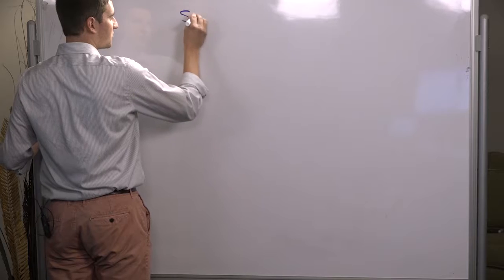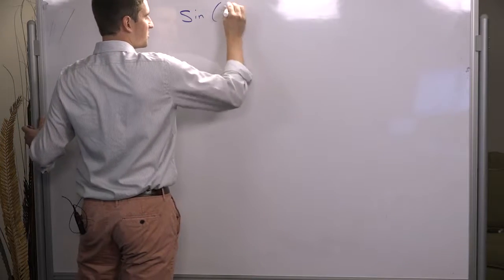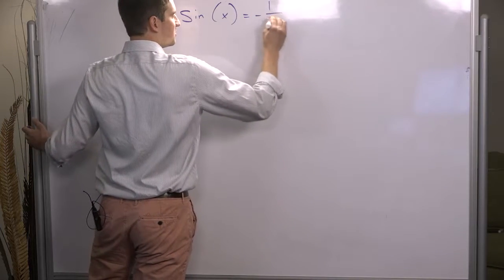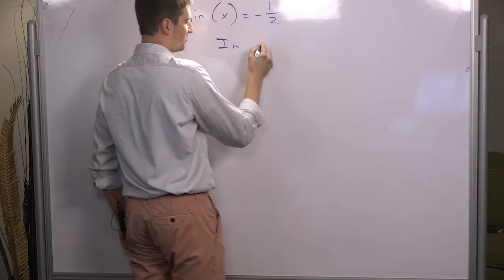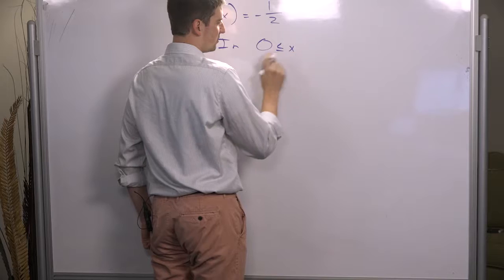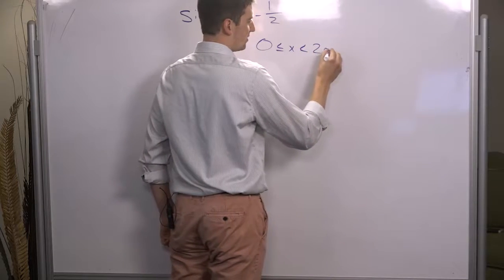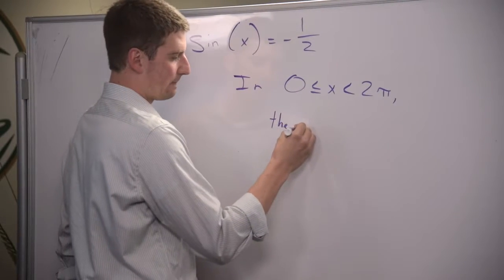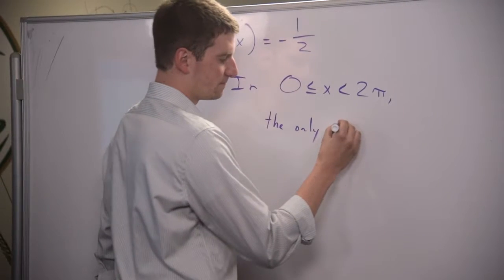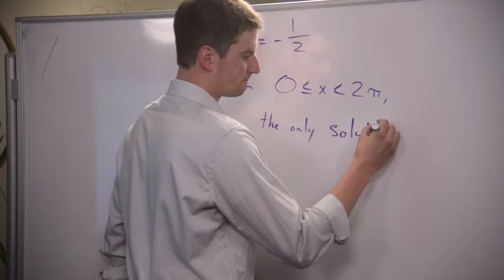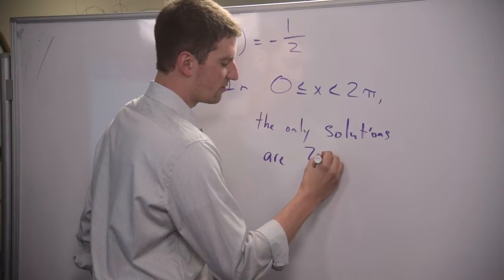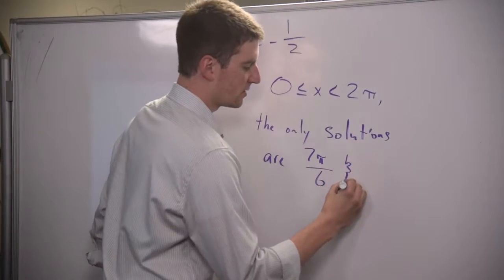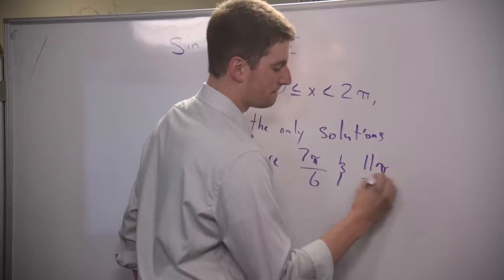So what we just found was that some solutions to sine of x equals -1/2 was that when x is between 0 and 2 pi, the only solutions are 7 pi/6 and 11 pi/6.